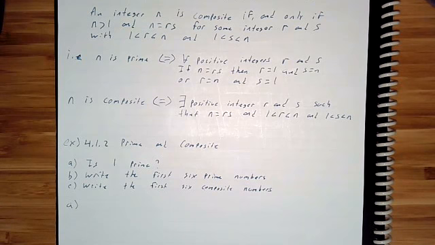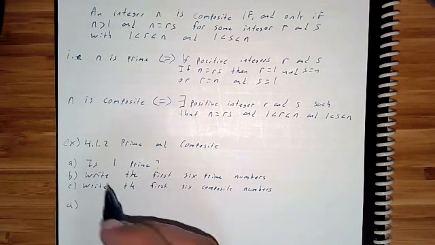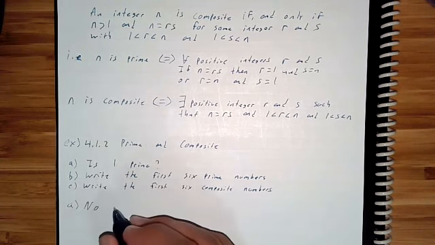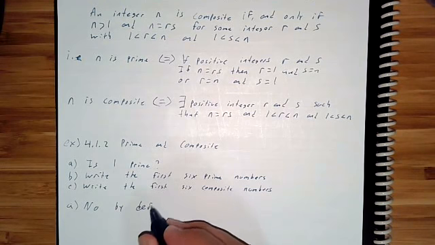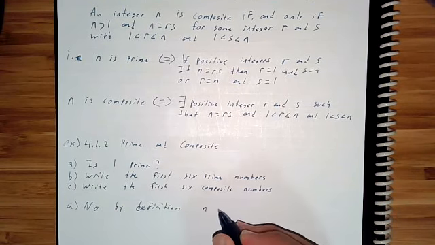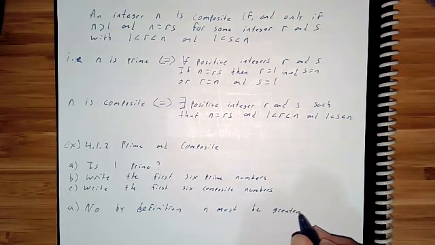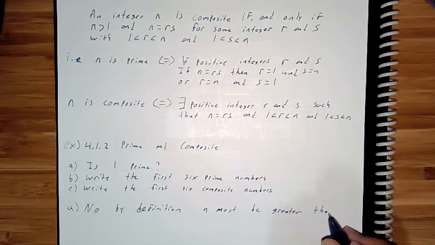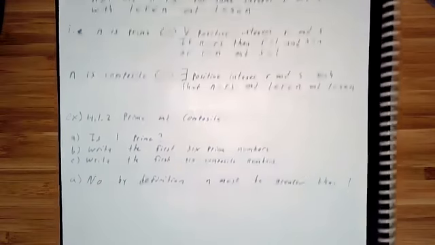It says an integer n is prime if and only if n is greater than 1. So right away, no, by definition n must be greater than 1.